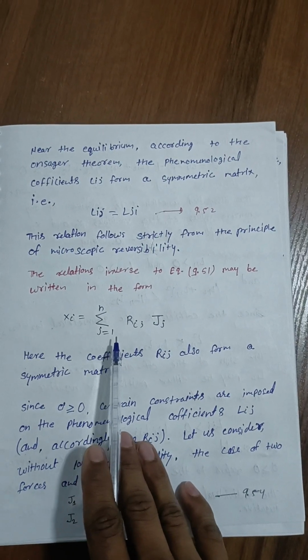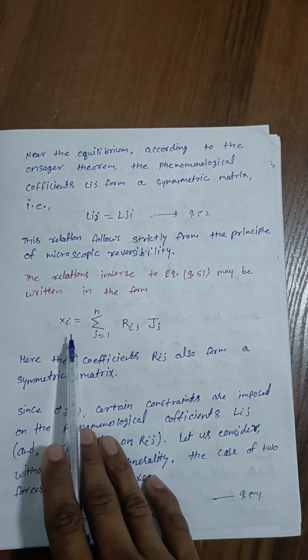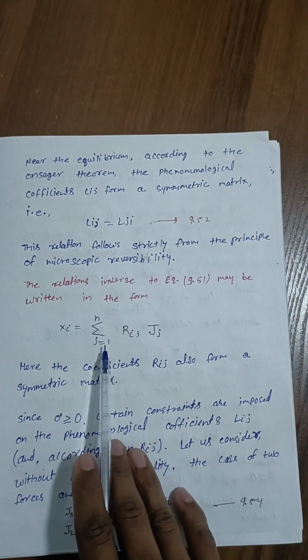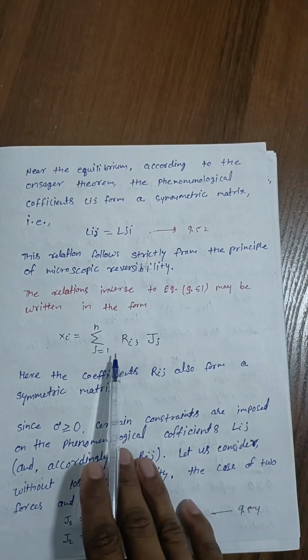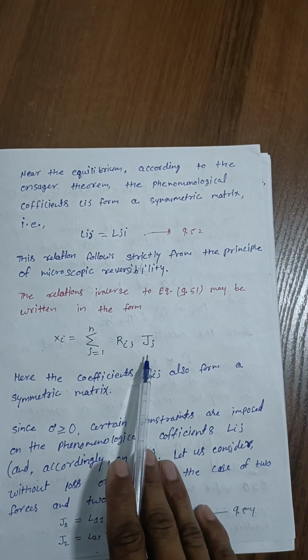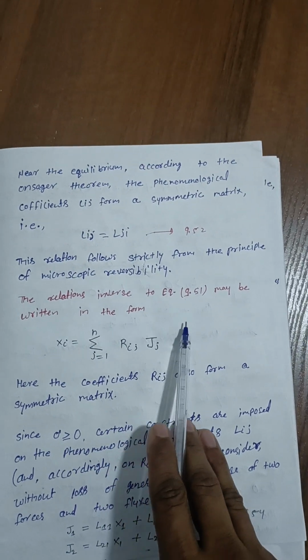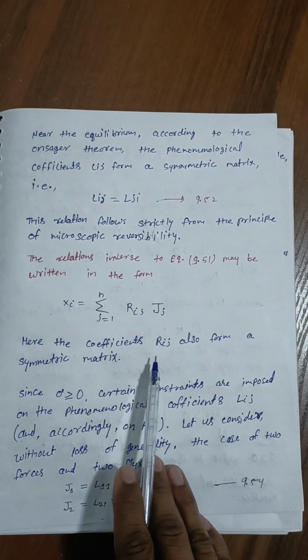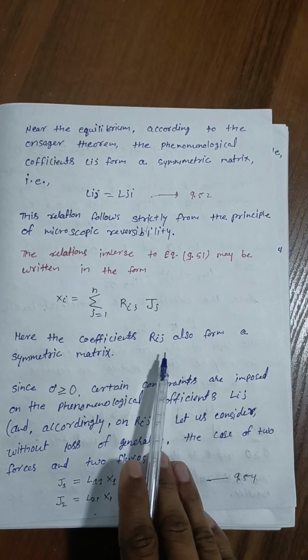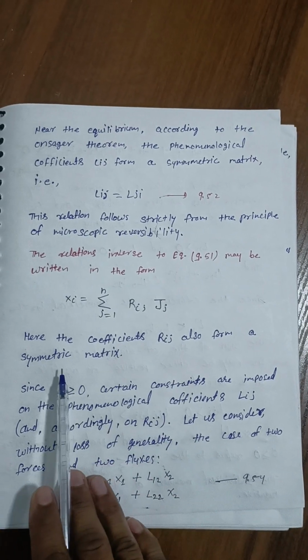Xi = sigma j=1 to n Rij Jj. Here the coefficients Rij also form a symmetric matrix.